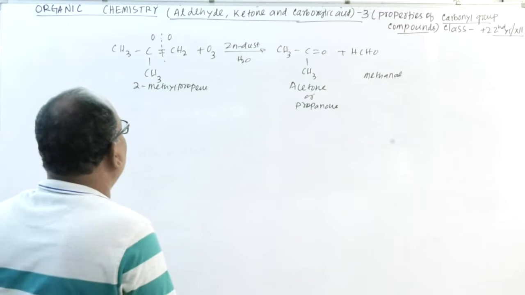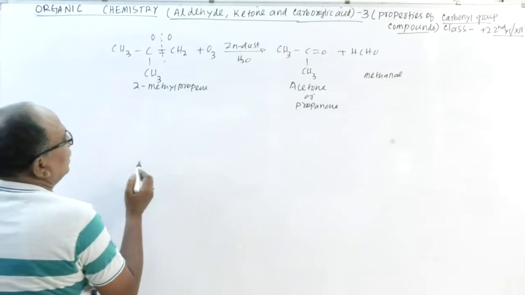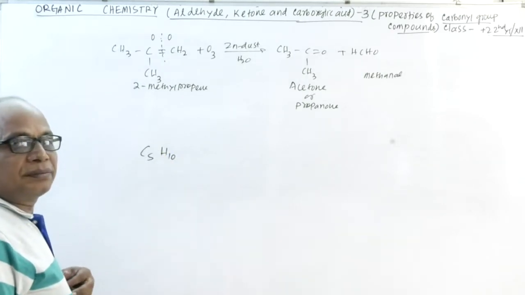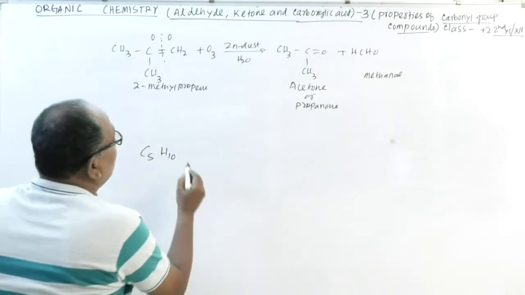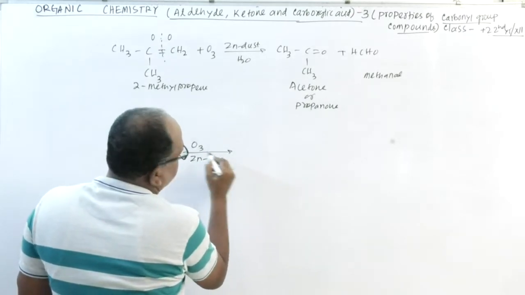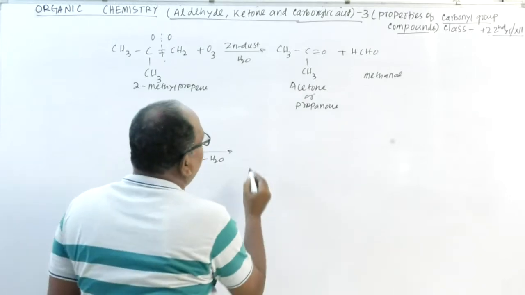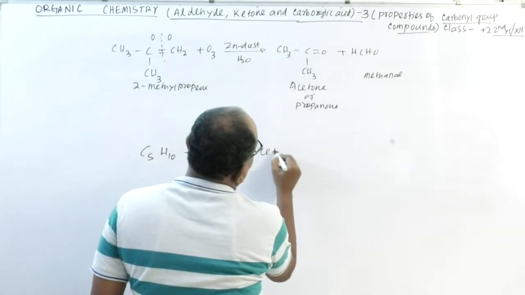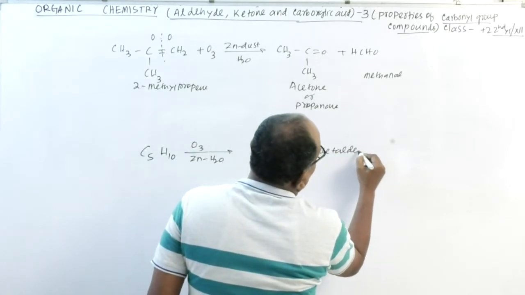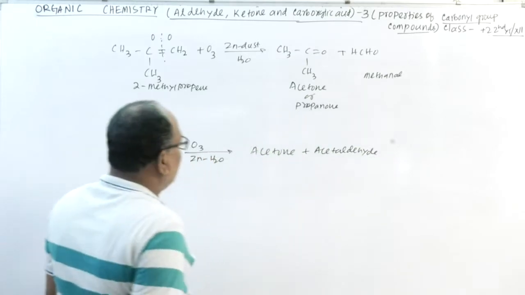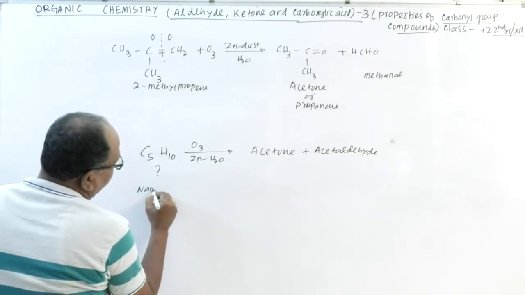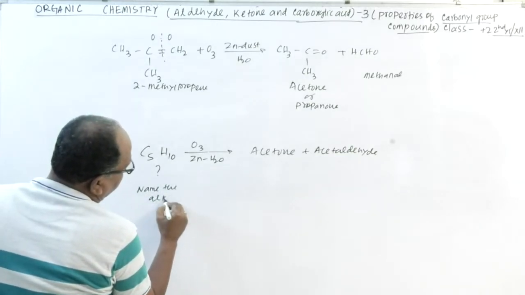Suppose I give a question. The molecular formula of an alkene is C5H10. On reductive ozonolysis it gives the mixture of acetone plus acetaldehyde. Our question is, name the alkene.